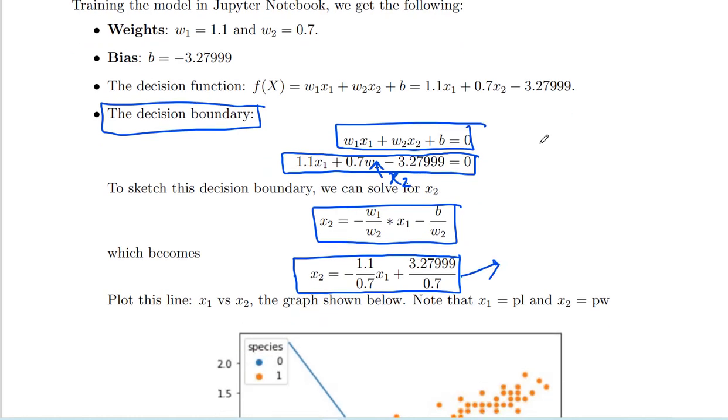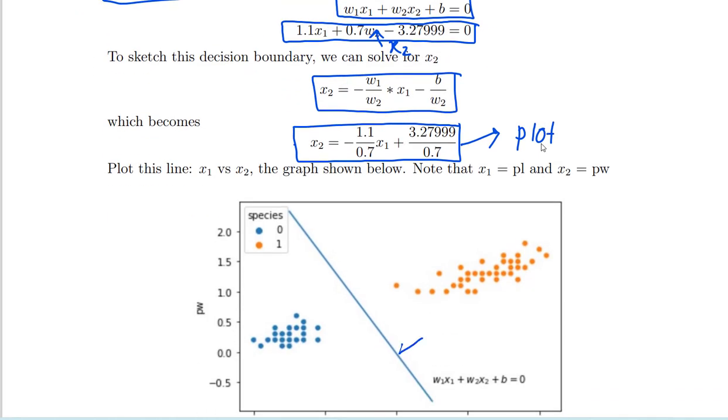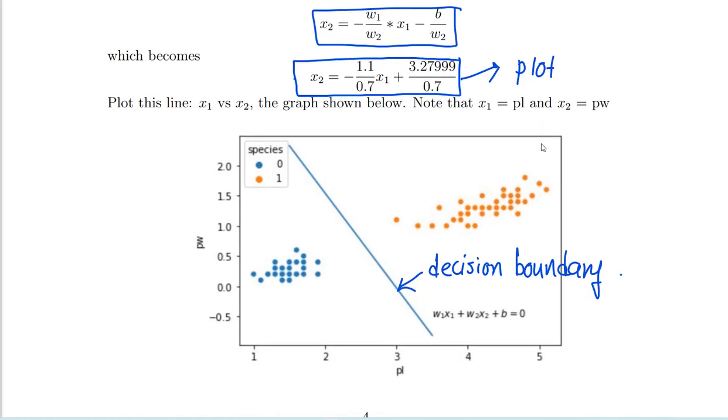Now you can plot this, which is actually this line here. This is the decision boundary. Along the x-axis you have the petal length, which is x1, and along the vertical axis, petal width, in this case is x2.